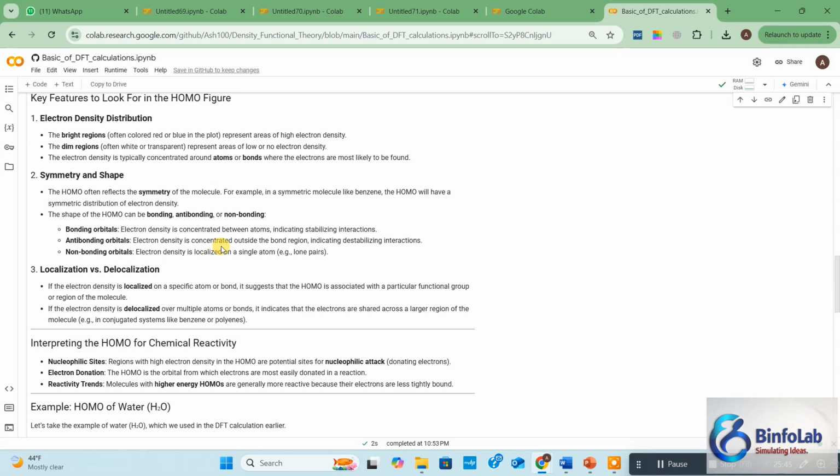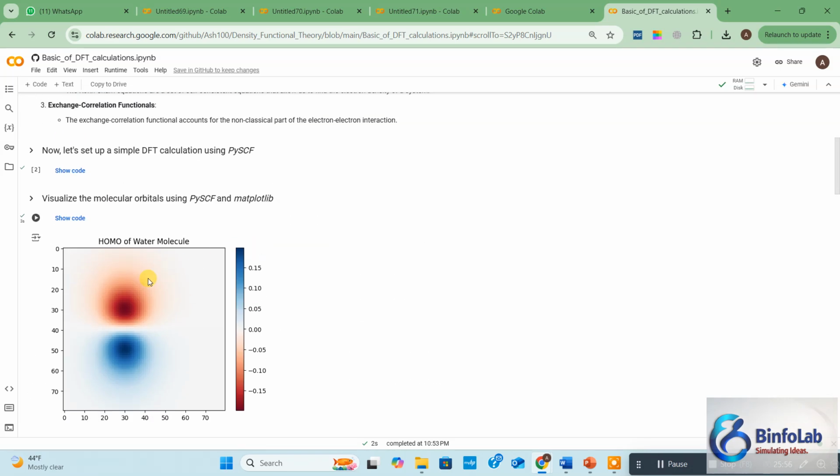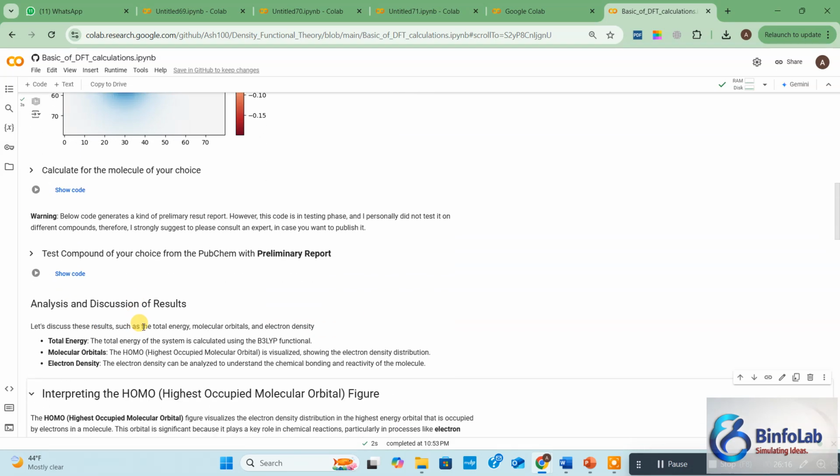If the electron density is concentrated outside the bond region, we will say it is a destabilizing interaction. Let's say this is benzene, so this is carbon and this is carbon, and this is the bonding region between this carbon and this carbon.